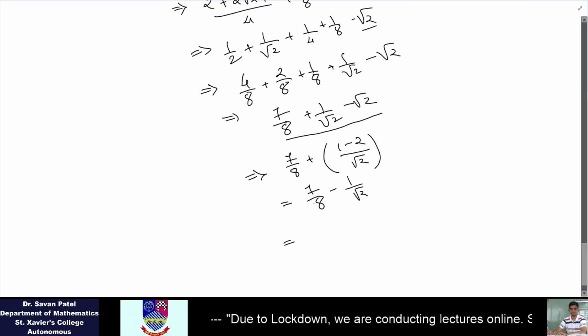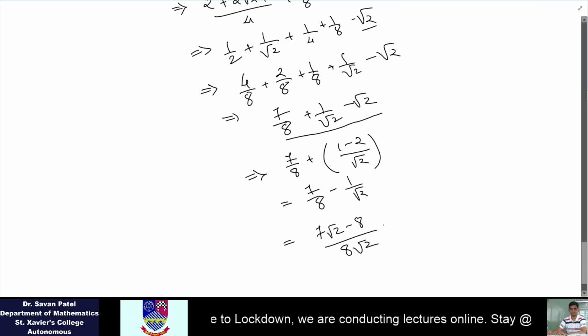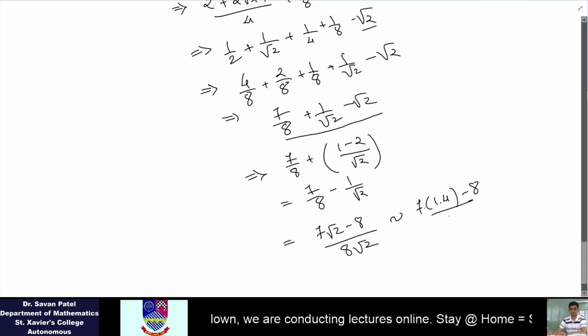So that is 7 root 2 minus 8 by 8 root 2. Since root 2 is approximately 1.4, 7 times 1.4 minus 8 by 8 root 2, and this quantity is greater than 0, you can check.